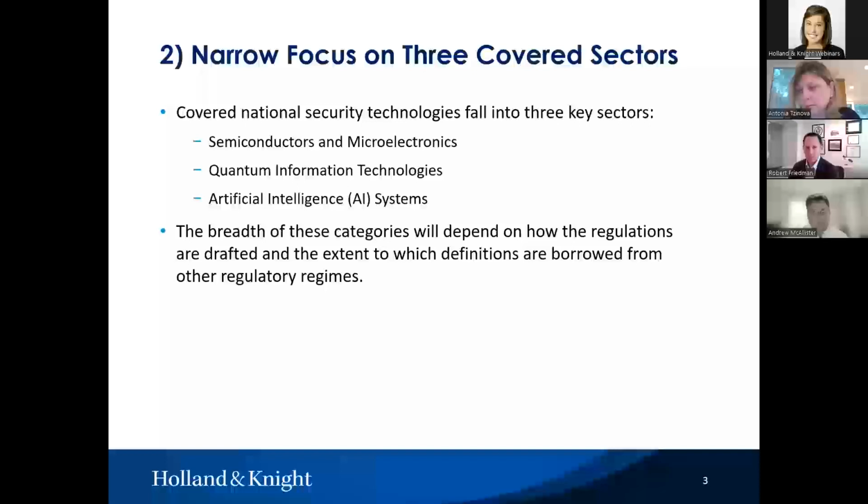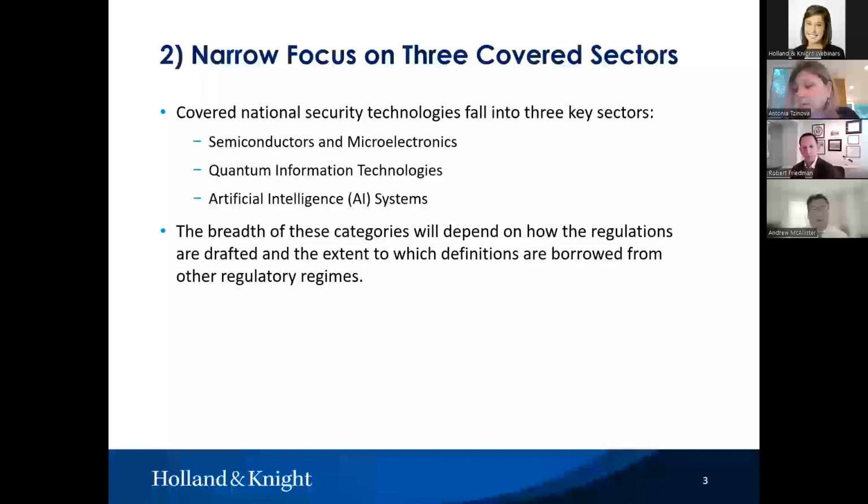The concerns of the government are the development of semiconductor and microelectronic technology that enables the production and certain uses of integrated circuits that will underpin military innovations.